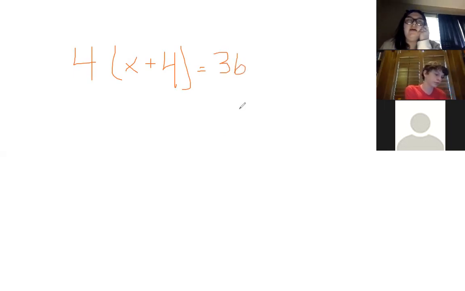Go ahead and solve that problem for me. That's 4 parentheses x plus 4 parentheses equals 36. Go ahead and both of you try to solve that problem for me.